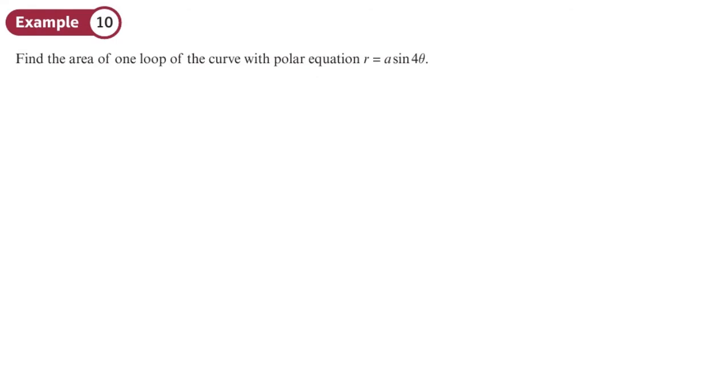Okay, find the area of one loop of this equation here. So we'll start with a sketch to help us work out the limits. Now one loop is going to be this. Okay, and we want to know what angle does that start at and what angle does it go to.